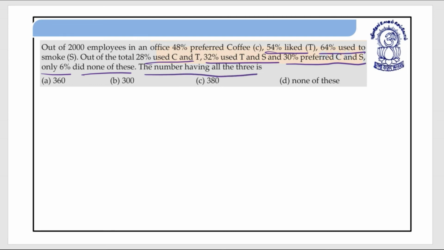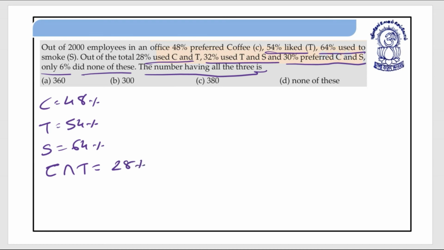The number having all the three is, so C is equal to 48 percentage, T is equal to 54 percentage, S is equal to 64 percentage, C intersect T is equal to 28 percentage, T intersect S is equal to 32 percentage, C intersect S is equal to 30%.